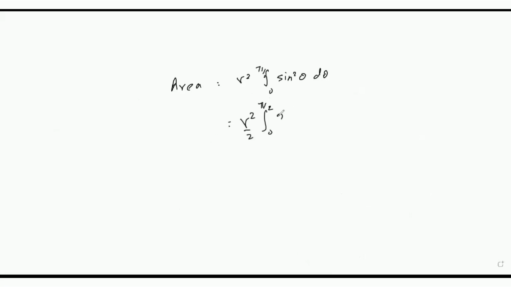Let's divide by 2 and put a 2 here. Now there is a trigonometric identity which tells you that cosine 2 theta is equal to 1 minus 2 sine squared theta. This implies that sine squared theta is (1 minus cosine 2 theta) over 2.